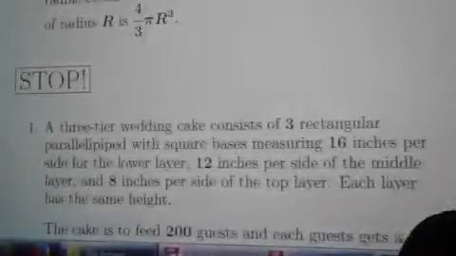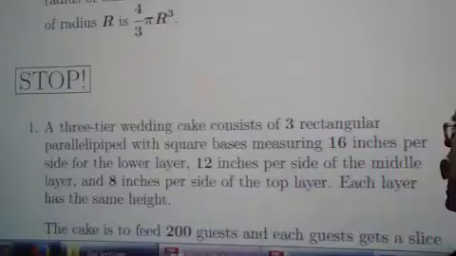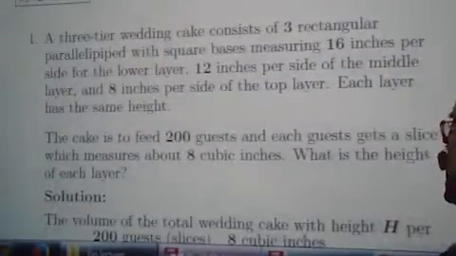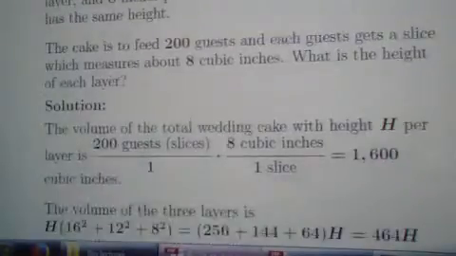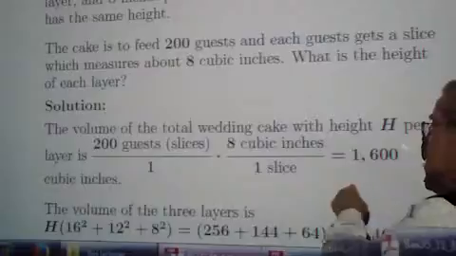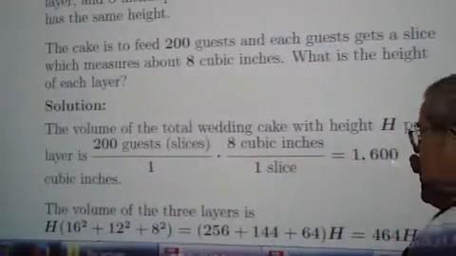Now I want to give you the solutions because we don't meet again. In the first chapter that we covered today, we had a 3-tier layer cake, and I got the answer by saying that I have 1,600 cubic inches to work with.